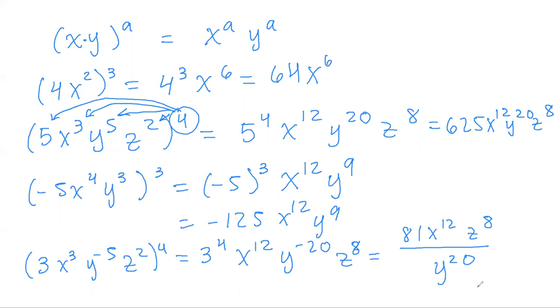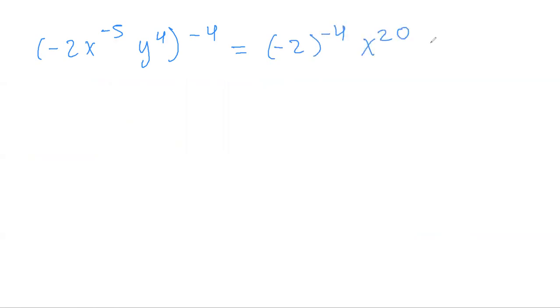And likewise, for another example I have, (negative 2 x to the negative 5, y to the fourth) to the negative fourth. I'm going to apply this to everything. So negative 2 to the negative 4, x to the 20th, and then y to the negative 16th. So here, first of all, I'm going to move everything that has a negative exponent to the bottom.